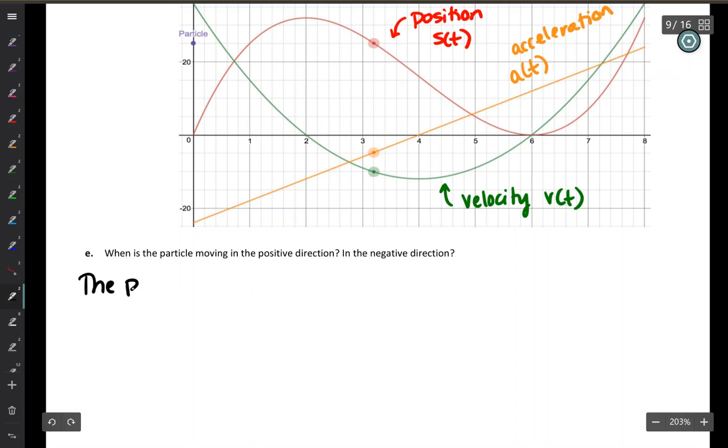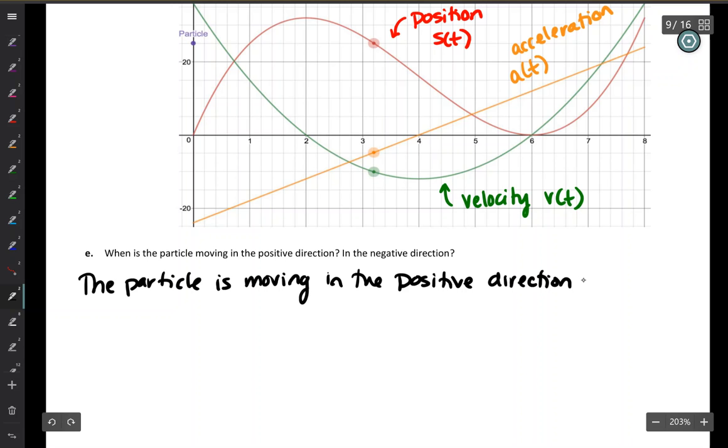So the particle is moving in the positive direction when velocity is positive.